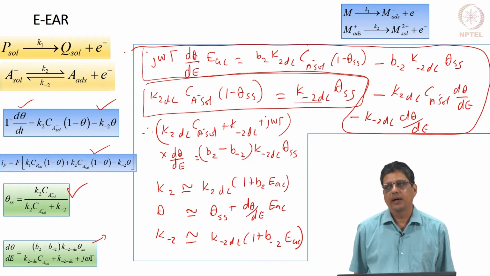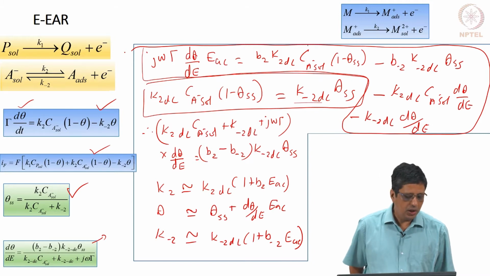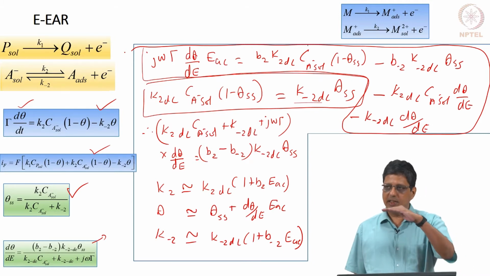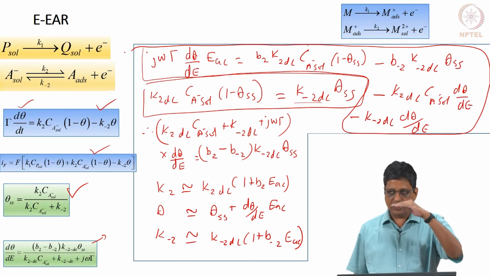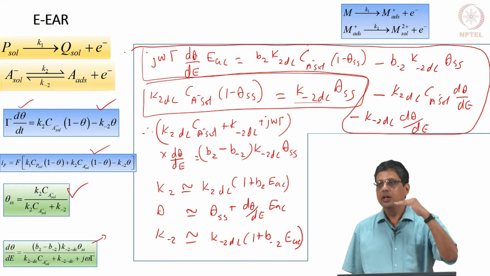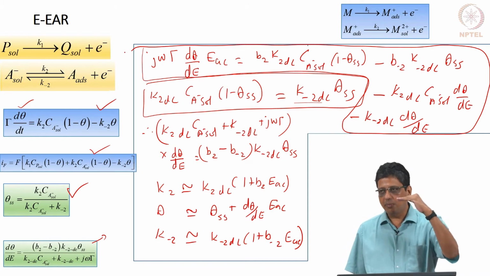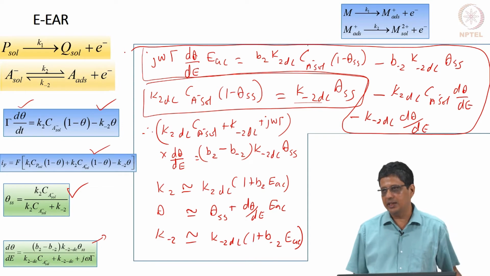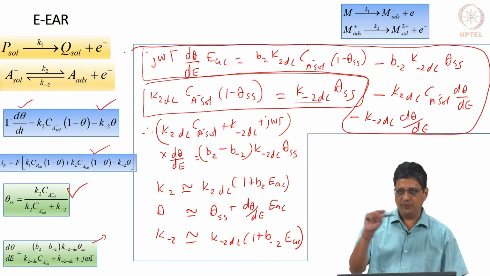So, now the current depends on rate constant, it also depends on fractional surface coverage, which is theta. Okay. Now, on top of a DC potential we are applying an AC potential. Because of that, the rate constant will modulate, will increase and decrease. They will have certain value, on top of that value they will show a slight increase and decrease, because we are applying a small amplitude.